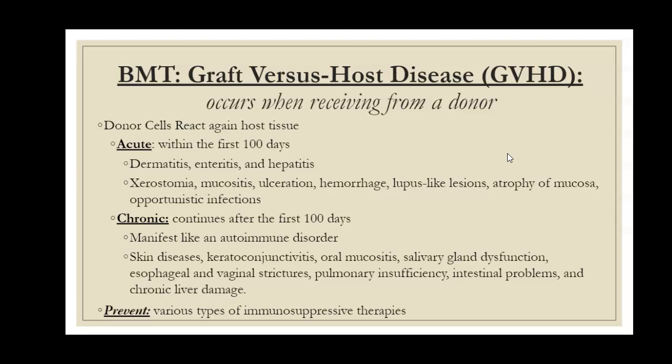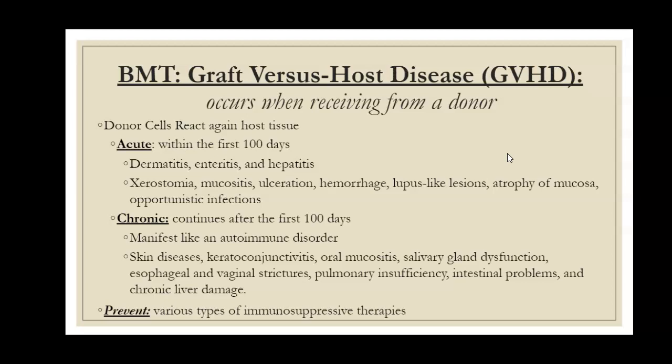So the donor cells react against the host tissue. It's almost like a rejection, or a reaction, not necessarily a complete rejection, but the body starts saying, who is this? What is this? Is this a disease? What do I have to fight against? So the donor cells start to react once they come into the body.